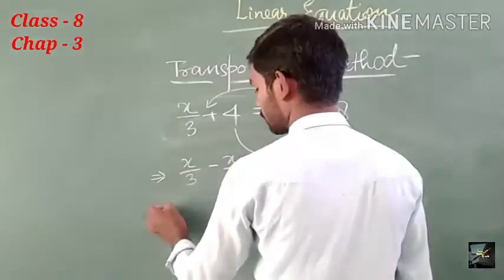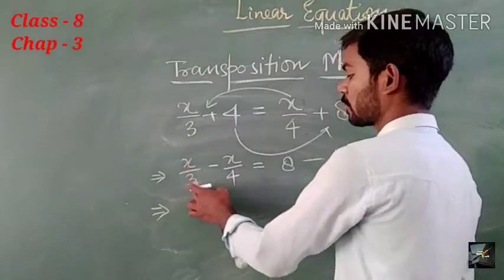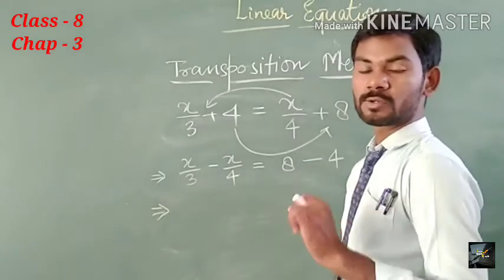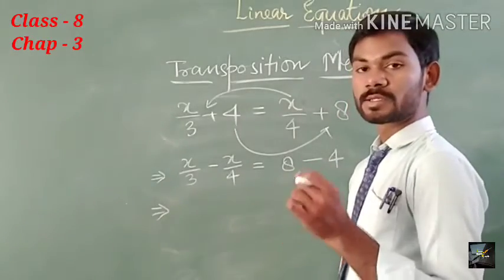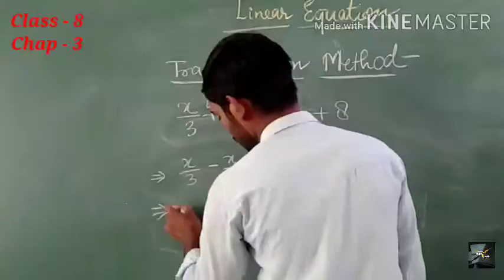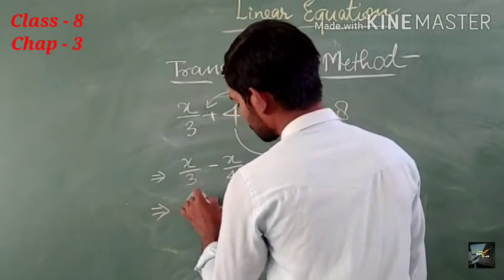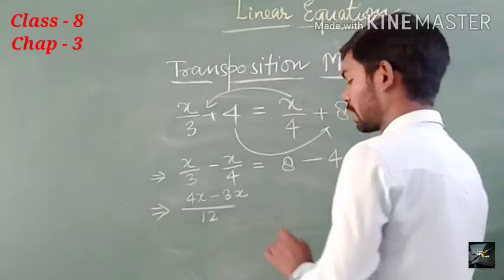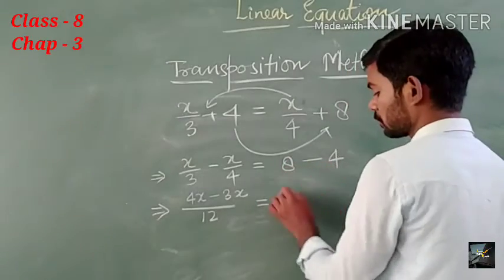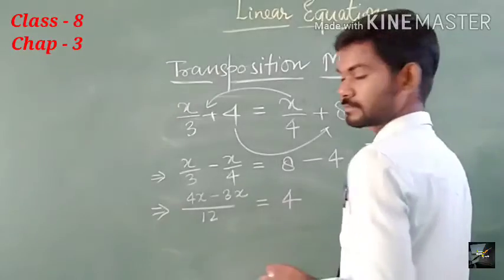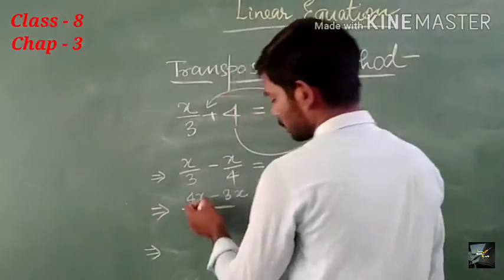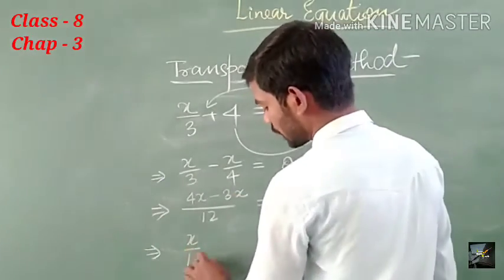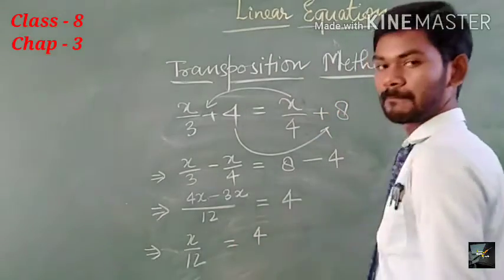In the next step, here we can see that x upon 3 minus x upon 4 is two fractions that are to be subtracted. So we subtract here and we get 4x minus 3x upon 12, and here we get 8 minus 4 is equal to 4. Again we get 4x minus 3x is equal to x, so x upon 12 is equal to 4.